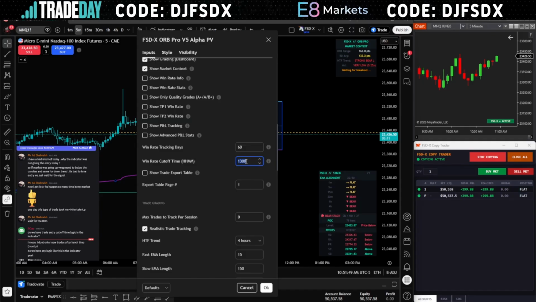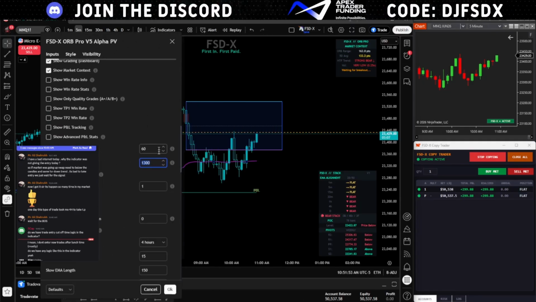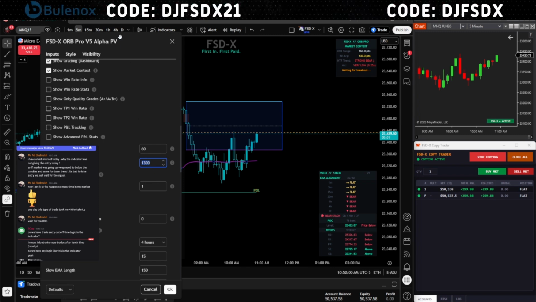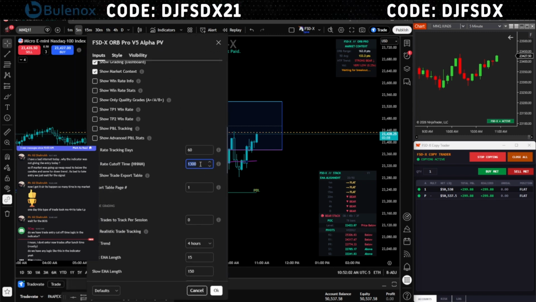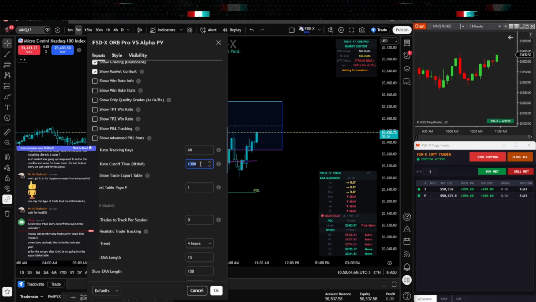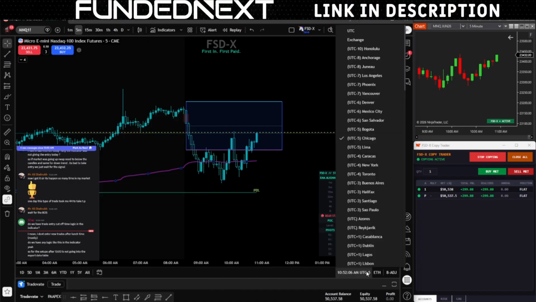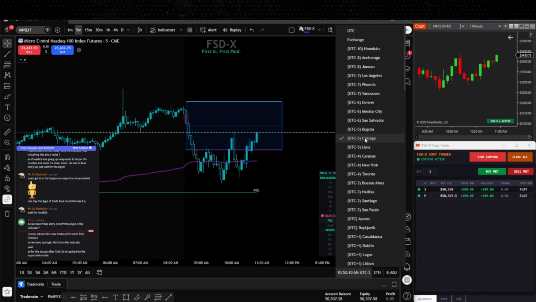This actually controls the win rate itself. It's set to my time, so it's set to 1 o'clock, that's what 1300 is. So if you set it for the Chicago time, that's what it's set to for me.